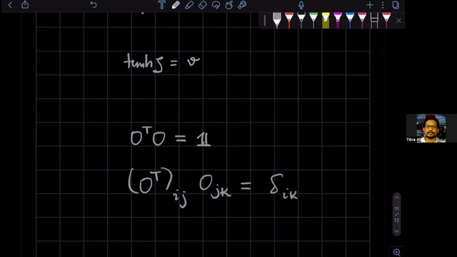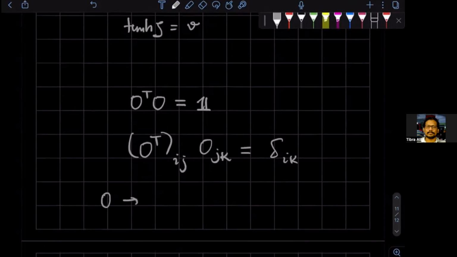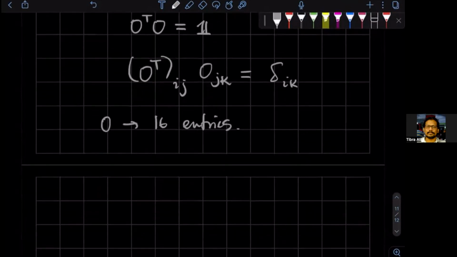So O has 16 entries, but this is a symmetric equation, because the left-hand side is symmetric in i and k. So how many independent equations do we have?